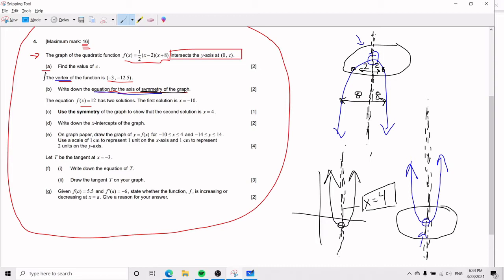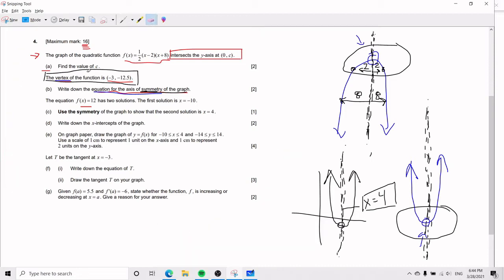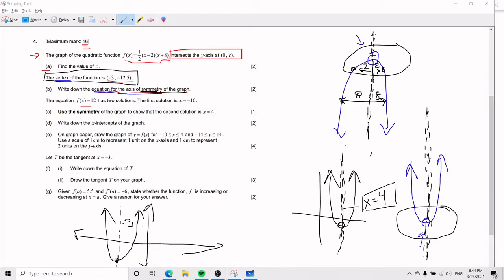And so if they give us that the vertex of the function is negative 3, negative 12.5, we know that the graph is going to be like this. Right at negative 3, and very far down at negative 12.5, we're going to have something that looks like this, okay? The reason I know it's facing upwards is because, well, first of all, you can graph it, right? If you really want to, you can graph it.